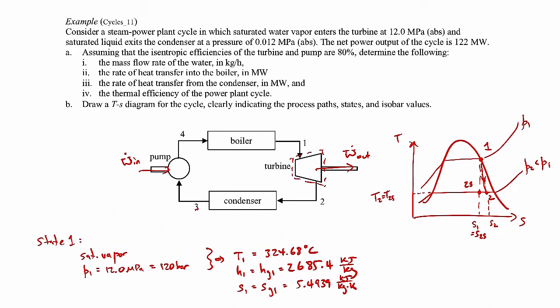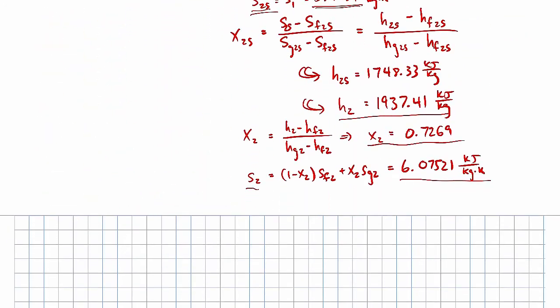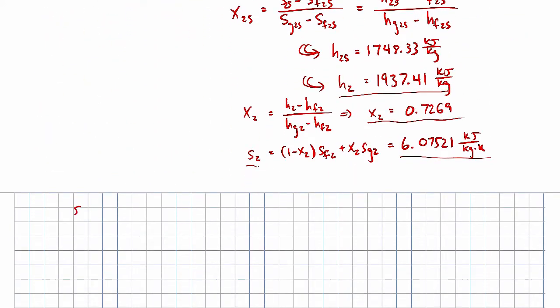So we're told at state 3 that we have a saturated liquid exiting the condenser, and we're told the pressure. So state 3 is going to be right at this point there. We're moving now from state 2 over to state 3. Saturated liquid and the given pressure, so we can use that information to find the rest of the conditions at state 3.